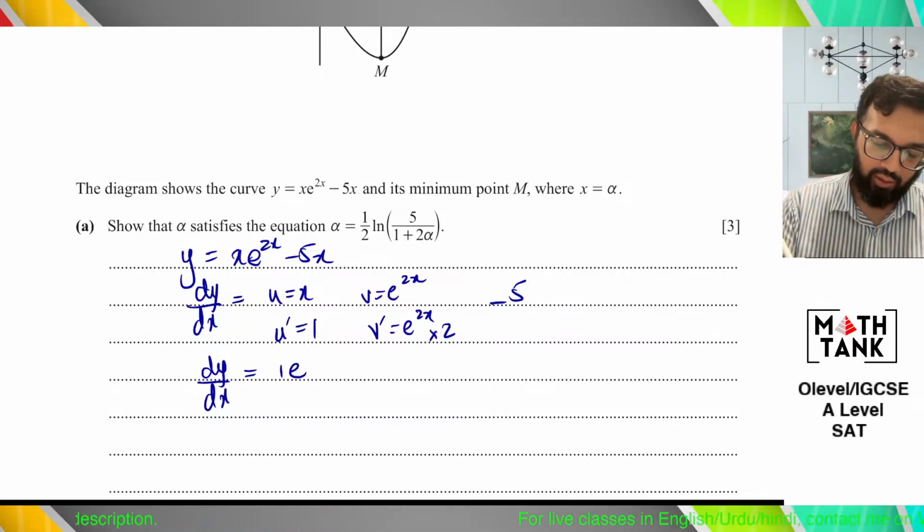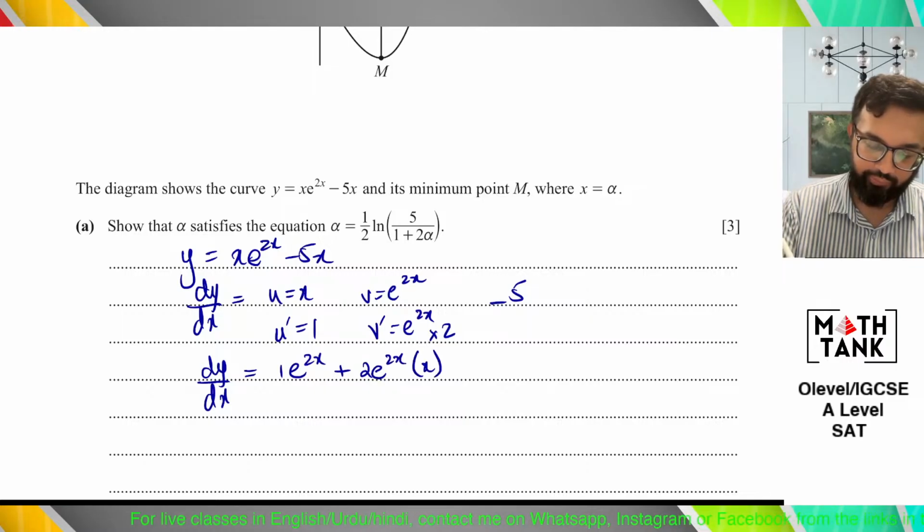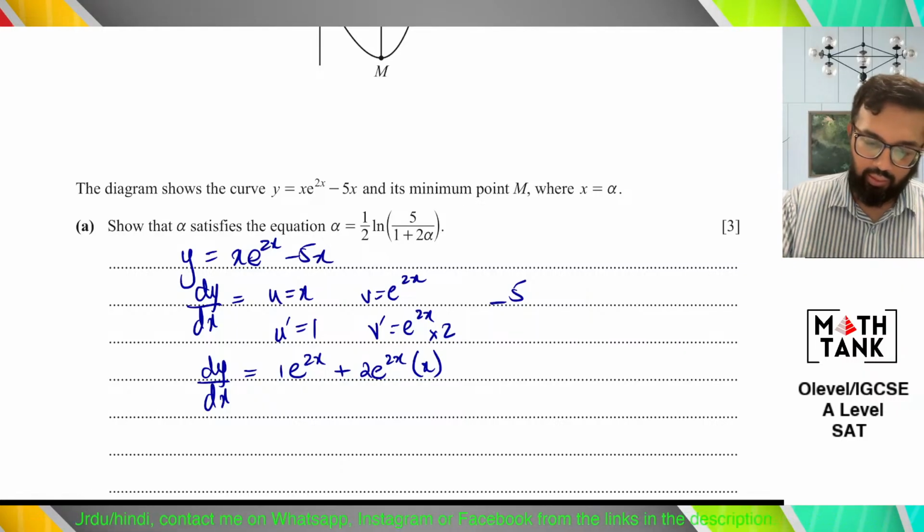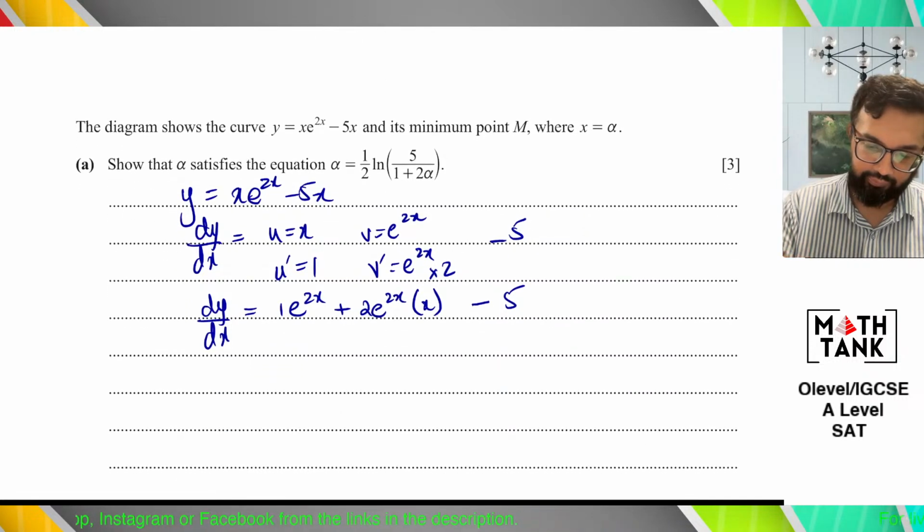U dash v plus v dash u. So yeah, minimum point है, so equals to 0, x की जगह alpha.